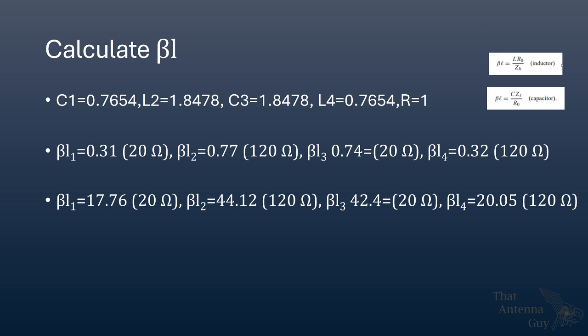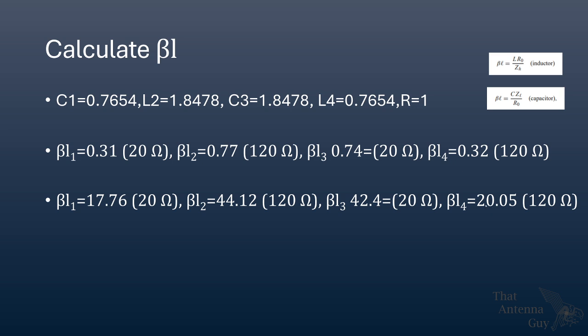So using the equations that we figured out earlier in the video, we're going to plug each one of these values into these equations, where the characteristic impedance is 50, and then the Z high and Z low are the actual impedance of the line that we're using. And I've written these down next to each one just so we remember. And once we plug those in, we get the radian length out. And I've gone ahead and converted those over into degrees.